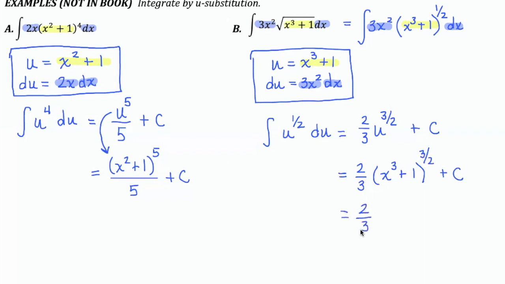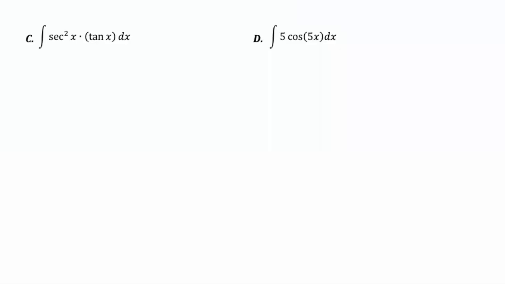So that looks like this. The 2 is the bottom part of the fraction. That's the type of radical this is. So we have x cubed plus 1. The cubed would stay on that, plus c. And there's your answer. All right, let's look at some more examples.